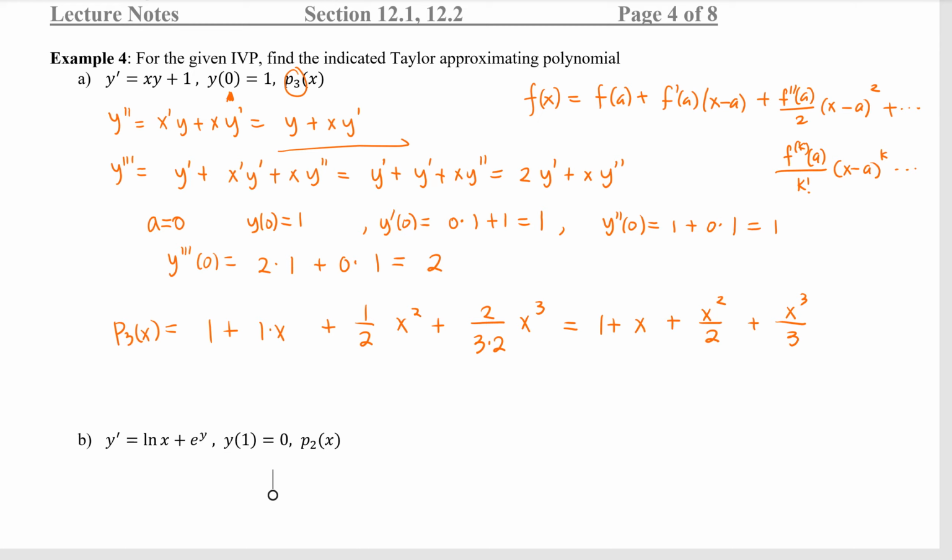So be careful, everybody. The Taylor approximating polynomial is different from the Picard polynomial. We talked about the Picard iterations.